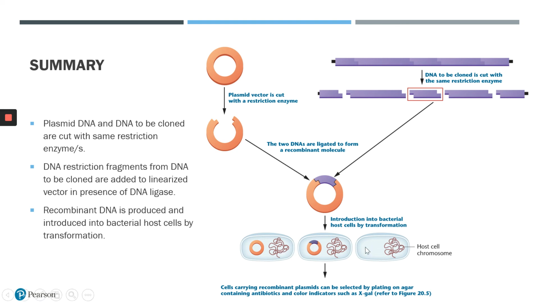And so we need to select for the bacteria that contain our insert DNA fragment of interest. And in order to do that, there are various methods, and these are called selection methods. And these are the methods that we'll now go through in the next lecture.